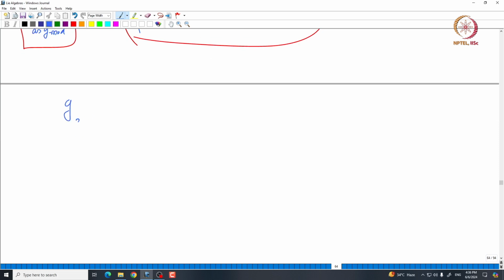So, let us say we take this g2, which is the span of let us say S comma T, where S is nothing but E11 and T is nothing but E12. So, in particular if I take the bracket ST, we get back T. Okay.